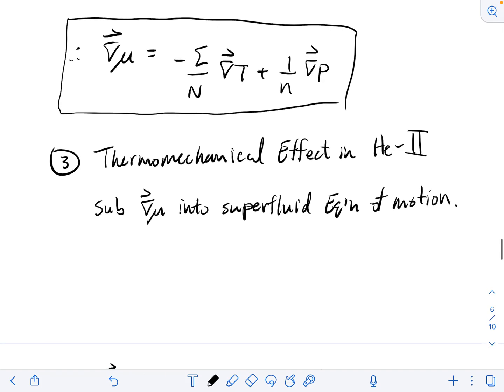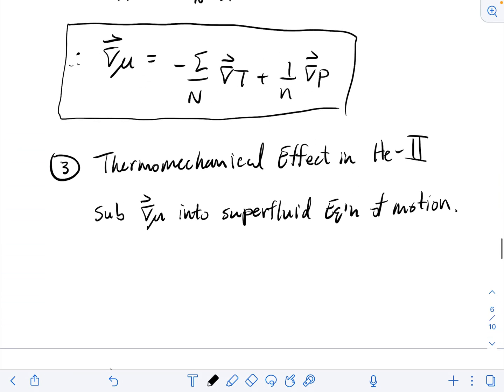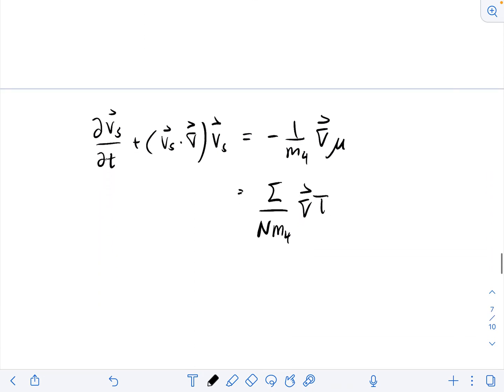And so the minus sign cancels because we have one in our equation of motion. So we have sigma over n m4 times the gradient of T. And then the next term is 1 over n, the number density, times the gradient of p. So this time we'll pick up a minus sign: 1 over n m4 gradient of p.